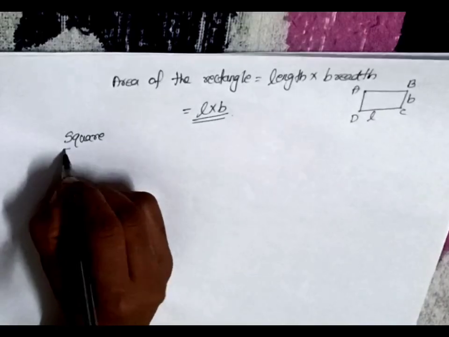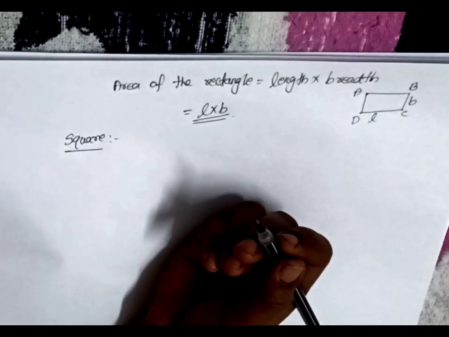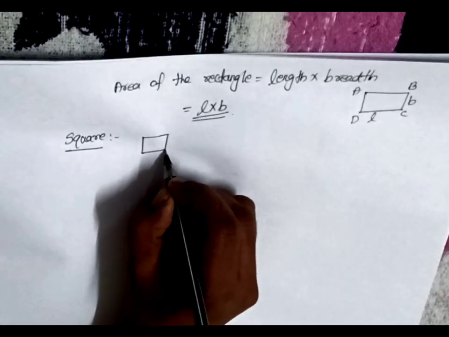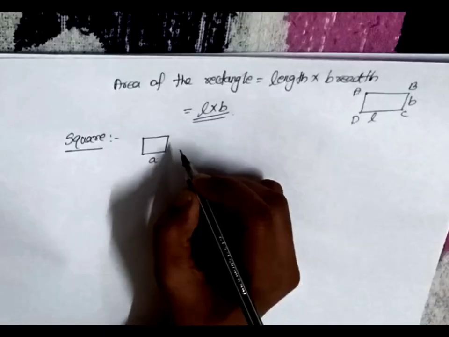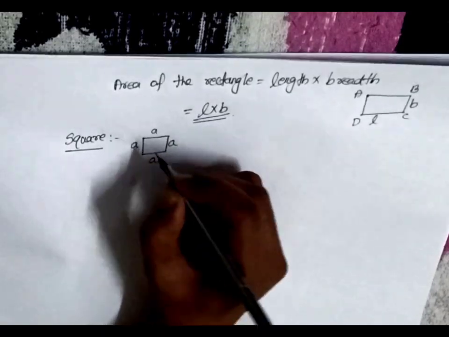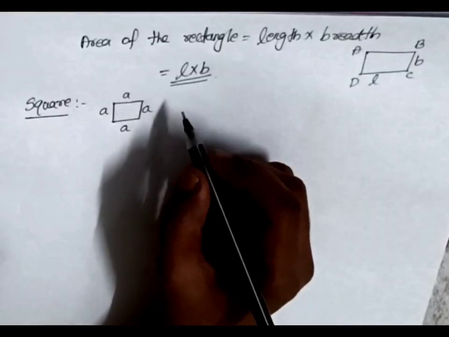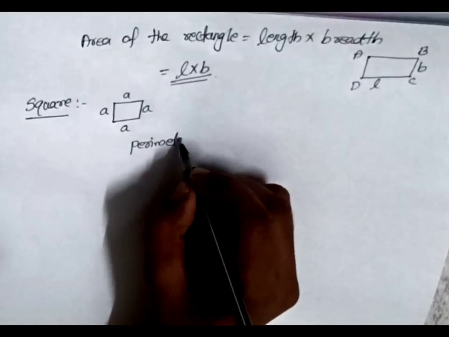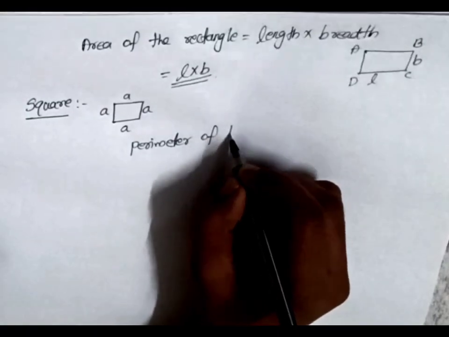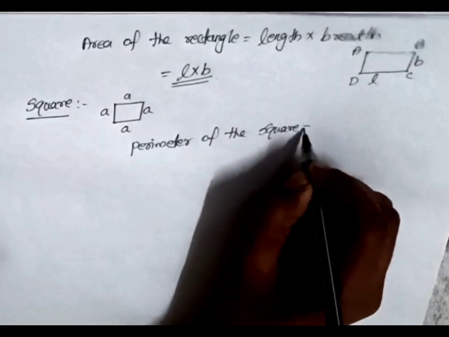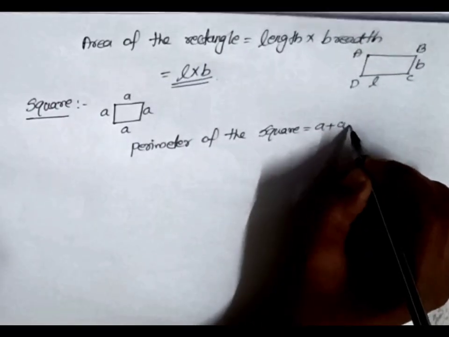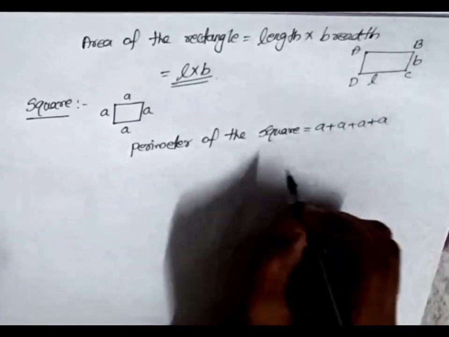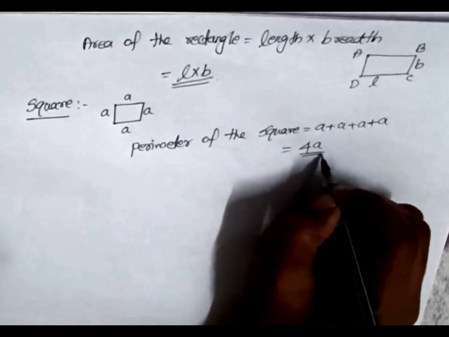Next, let us consider square. In the case of square, we know that all sides are equal. Let us take one side as a centimeter. Therefore, here all sides are a centimeter. Therefore, the perimeter of the square is the total length of the figure, adding the lengths of all sides, that is equal to a plus a plus a plus a, that is equal to 4a.